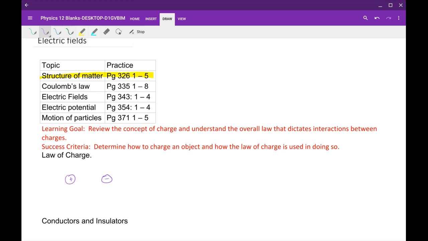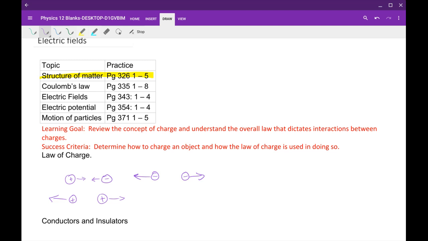So the law of charge says that positive and negatives attract, positive and positive repel, and negative and negative repel.